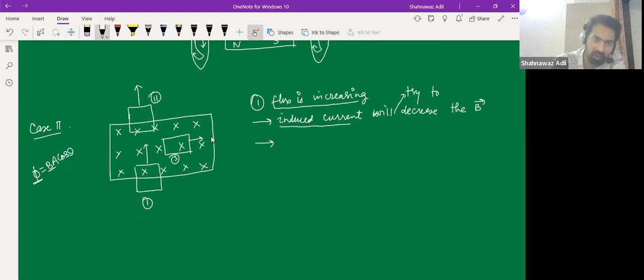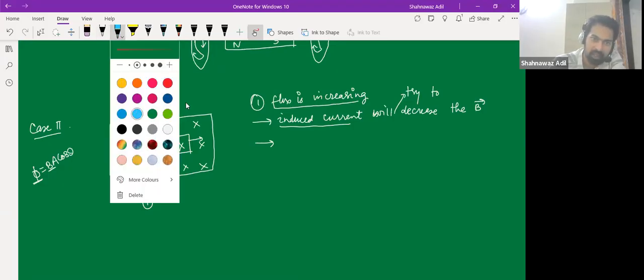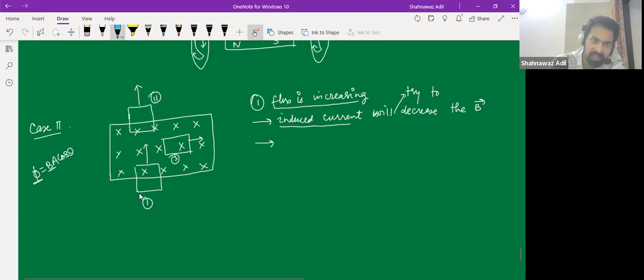So this is inward. So what would be the direction of the magnetic field created by this loop? Outward. Absolutely right. Good. So this loop, let's say this ABCD loop, will create an outward magnetic field, right?